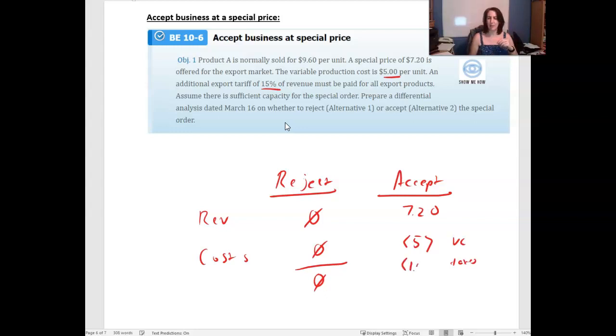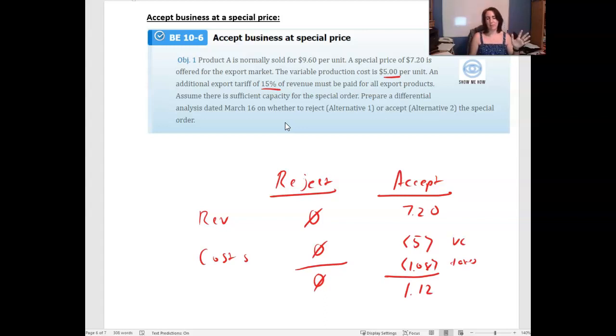So if we accept this offer, we are going to make $1.12 we wouldn't have made before. If we rejected this offer, we would make nothing.